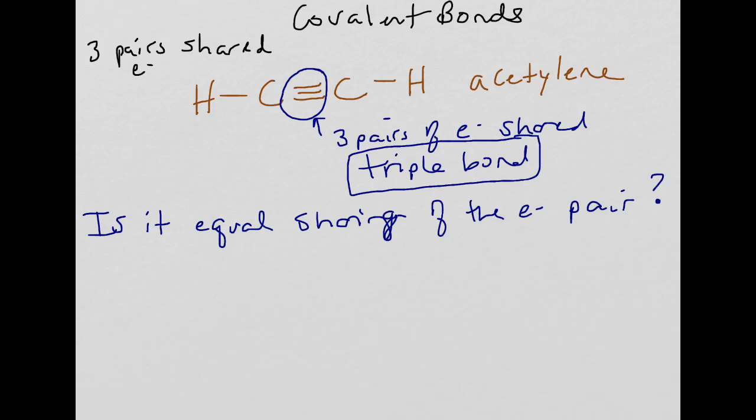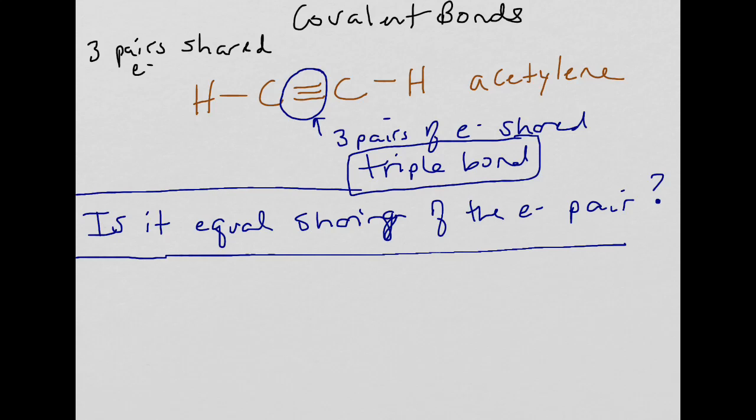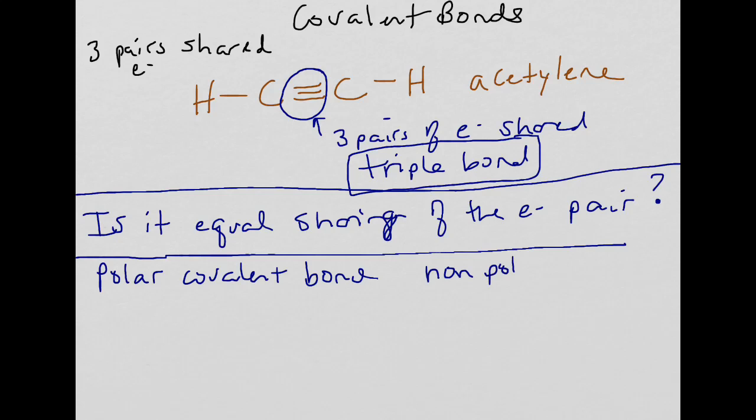Okay, so they are divided into 2 categories here. Let's put that line there. Okay, I'm going to make like a little chart here. So we have the polar covalent bond and the non-polar covalent bond. Okay.